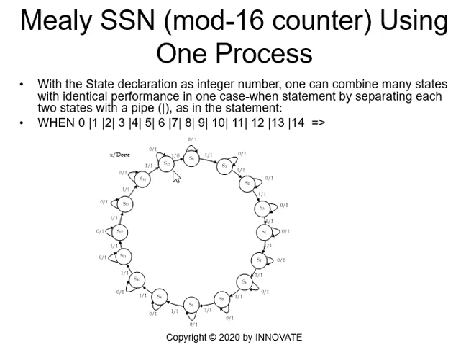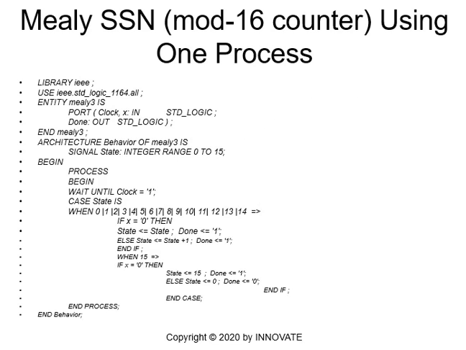But S15 is not identical to S14, because in S15, if we add 1, it will be a 16, and I don't have a 16, I have a 0 because I started with 0. This is a mod 16 counter from 0 to S15. So I will leave S15 outside the when statement.